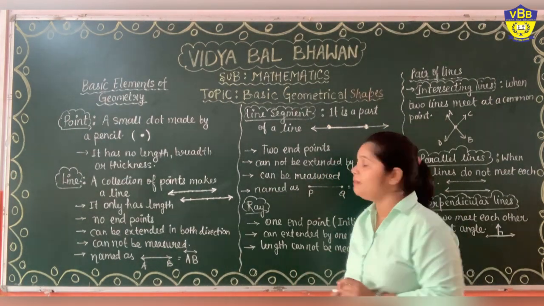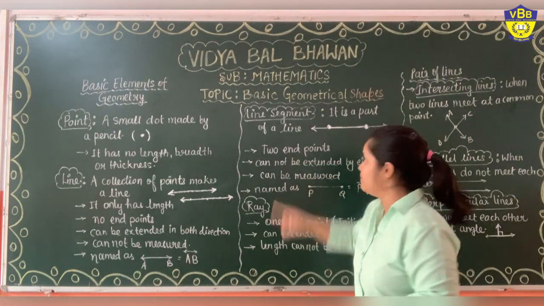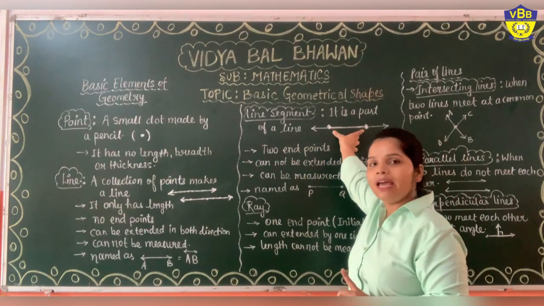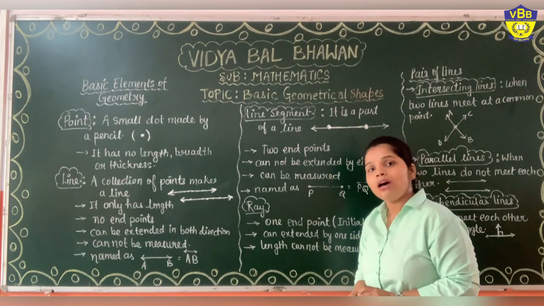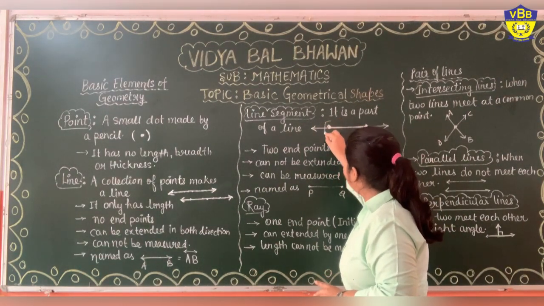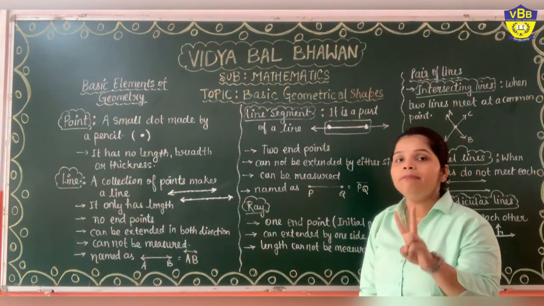What is line segment? Line segment is a part of line. This is the line and this is the part of line. This is called line segment. So now you can see this line segment has 2 endpoints.